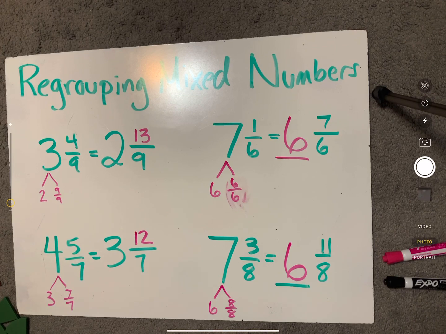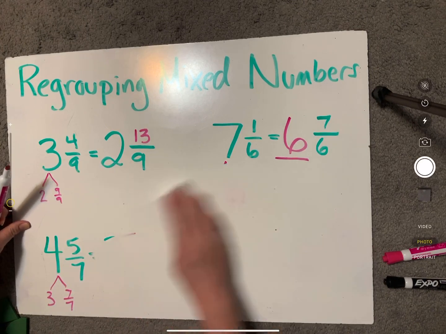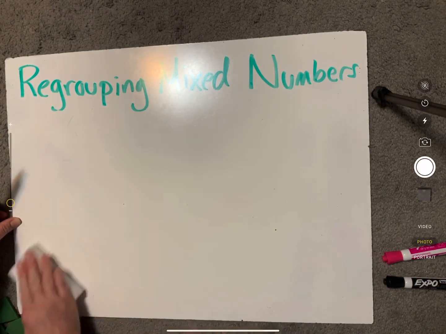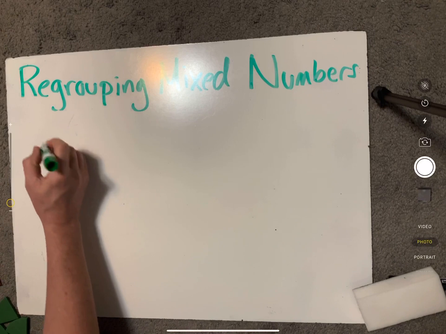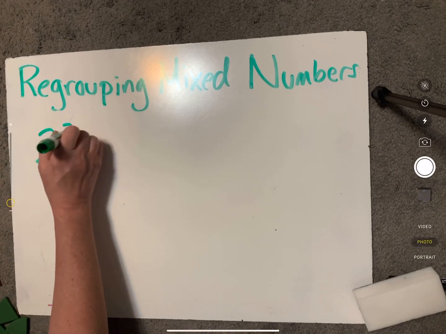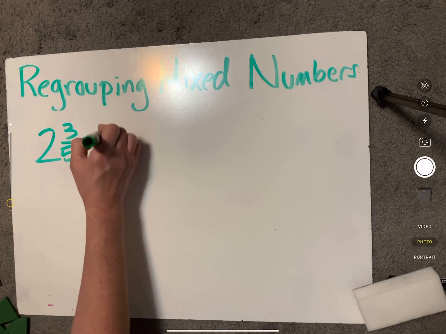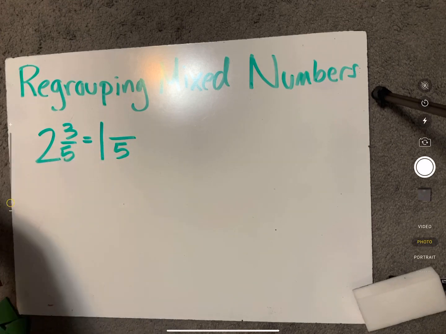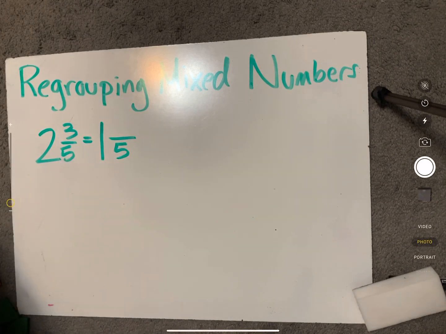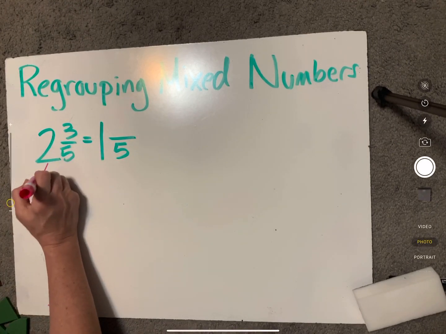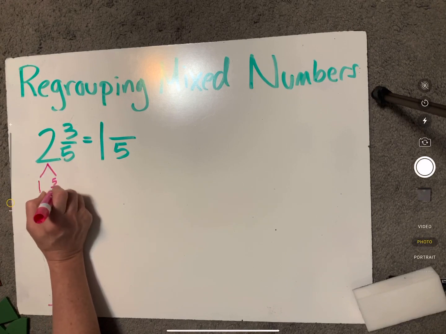Okay, let's try a couple more. All right, let's do 2 and 3/5 equals 1 and how many fifths? So remember, we're going to break out the 2 into a 1 and 5/5.